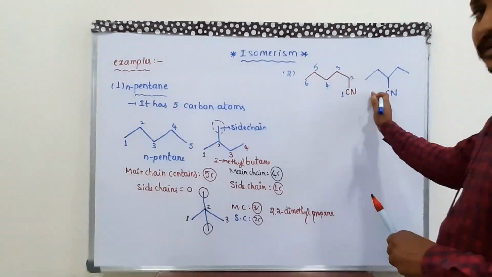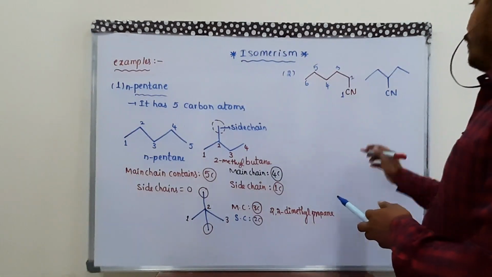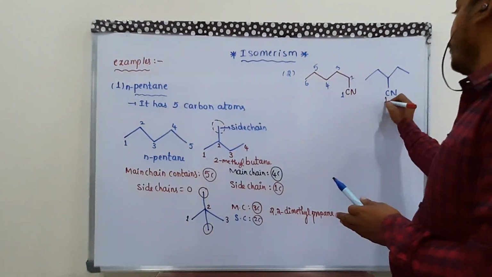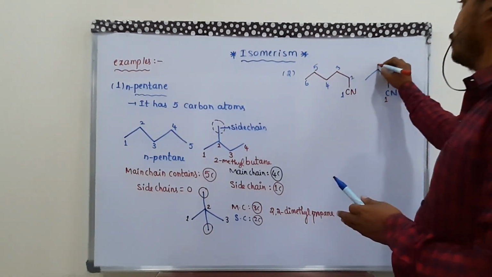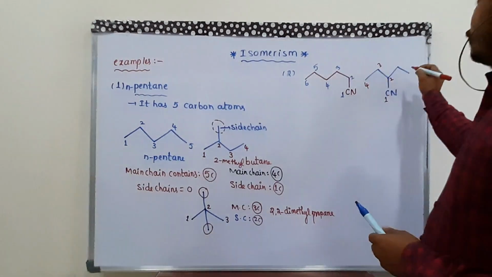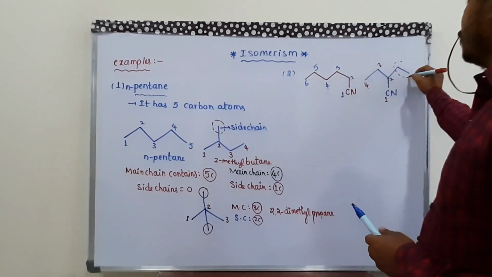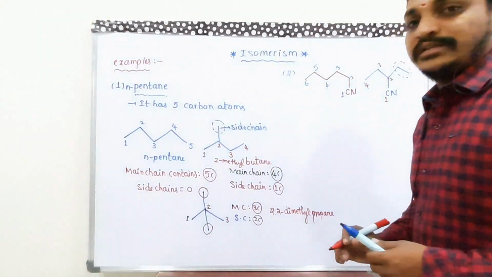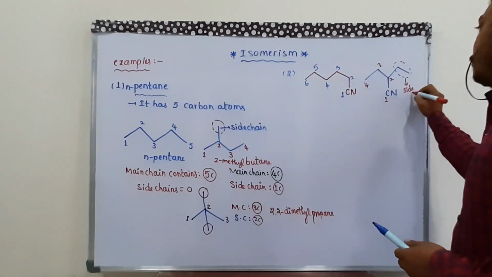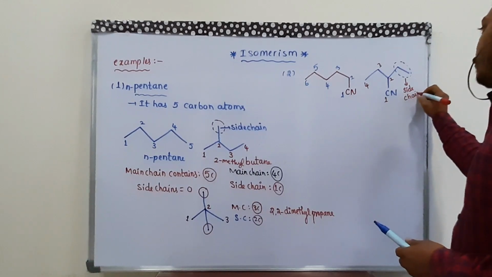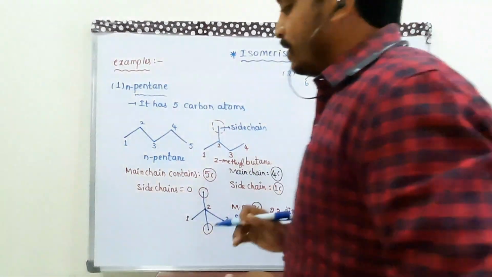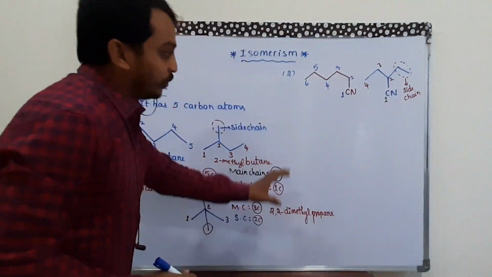Next, in the second compound, I am numbering from the main functional group only. So this is 1, 2, 3 and 4. This one is a side chain. Here there is no side chain present.